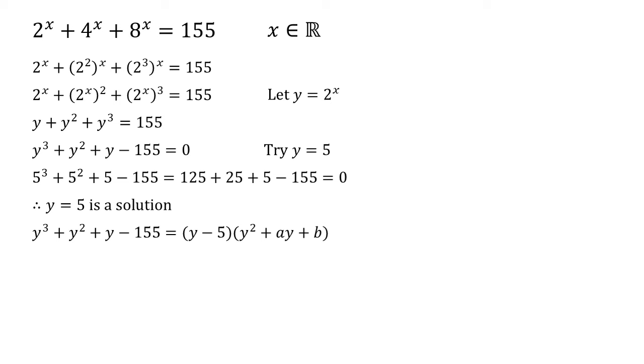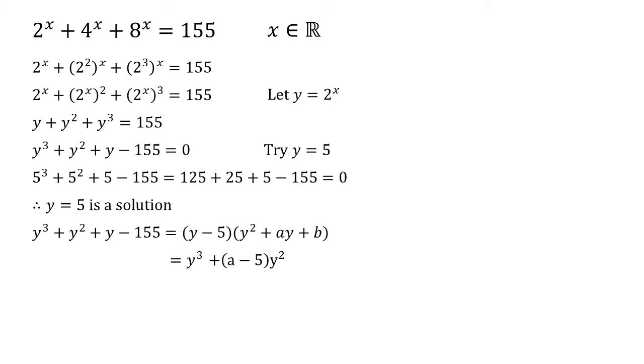Now it's up to you how you solve this. We could do some long division. What I'm going to do though is I'm just going to expand that right hand side and solve the simultaneous equations. So if I were to expand that right hand side, we could see that we'd get just y times y squared. That's the only thing that would give us y cubed. To get y squared, we've got our minus 5 times y squared, and we've got the ay times y.